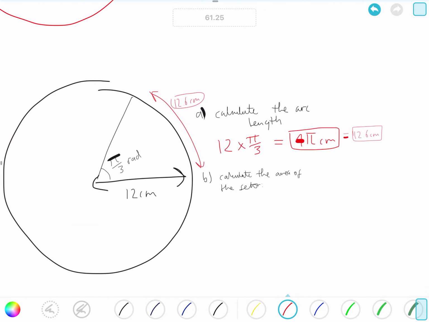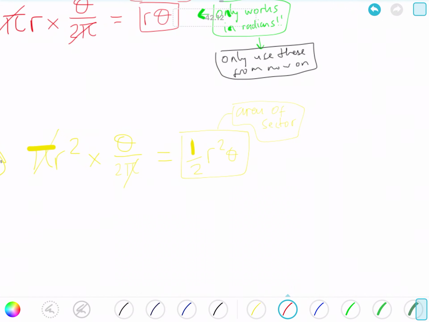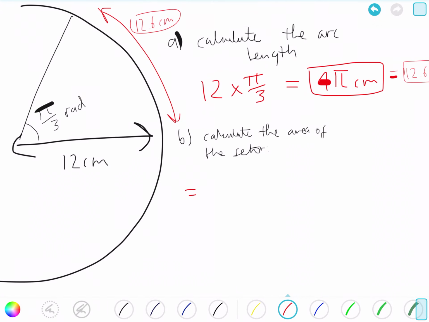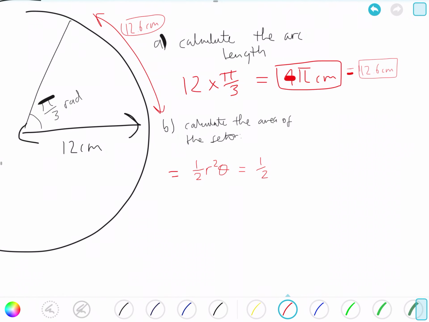Now let's do the area of the sector. So we need to go back and find our formula. Area of sector is half r squared theta. So half times r squared, which is 12, in a bracket, times theta, pi over 3.